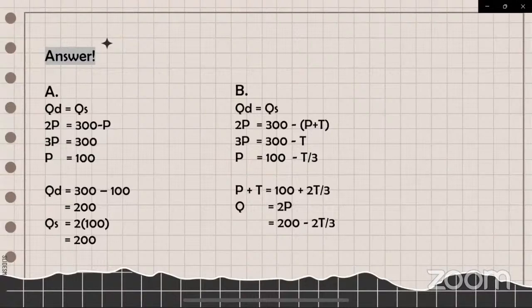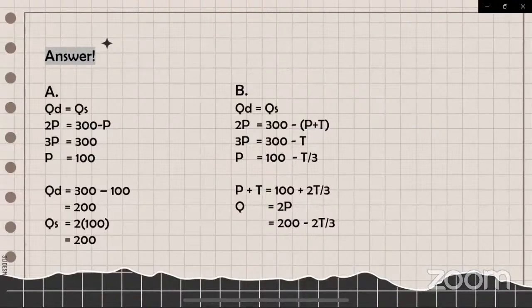Adding P to both sides of the equation gives 3P equals 300 minus T. Dividing both sides by 3 gives P equals 100 minus T divided by 3. This is the price received by sellers.